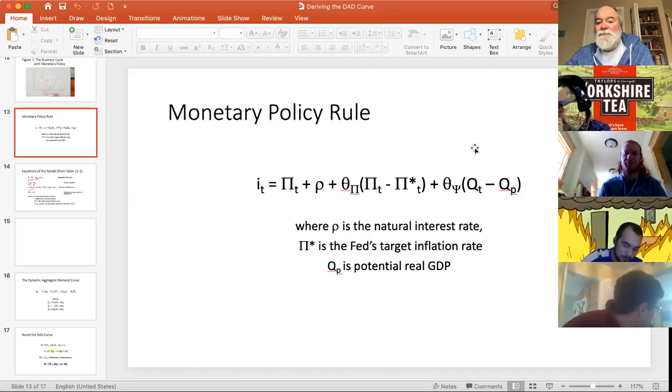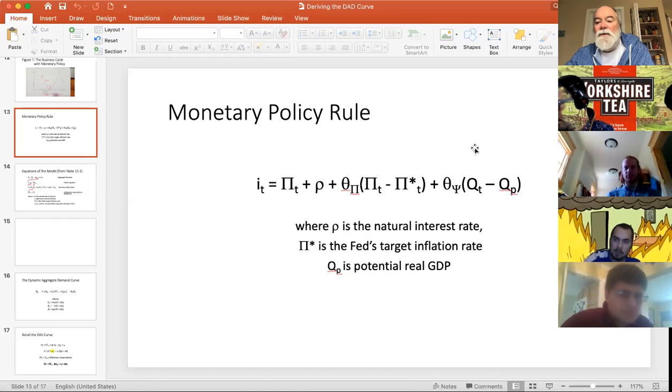And so if the natural real interest rate is actually negative, then we're in a heap of trouble because we don't know how to get the interest rate that low. Without being able to get that interest rate that low, what is the state of the economy going to be? Is it going to be GDP higher than potential or GDP lower than potential?